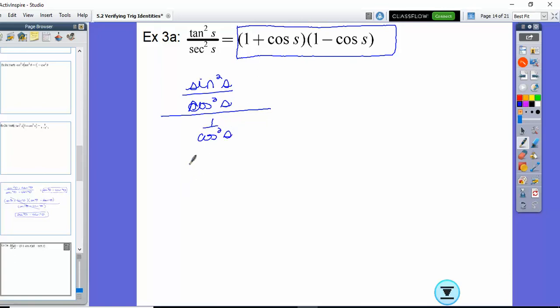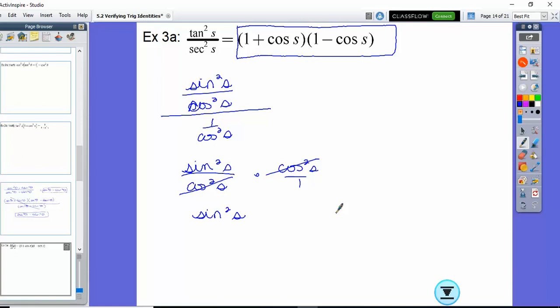How do you divide fractions? So the first one stays the same, times, and you flip the second one. Then the cosine squareds drop, and all we're left with is sine squared.